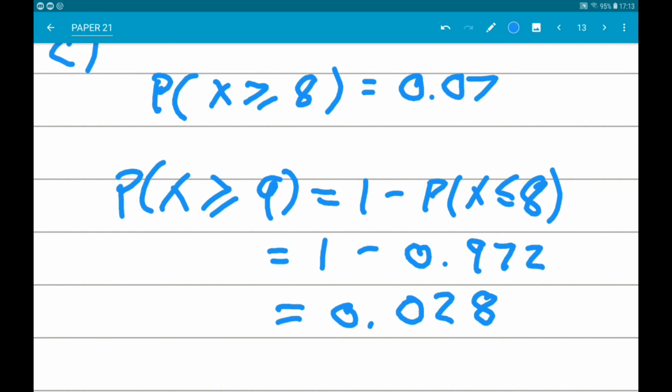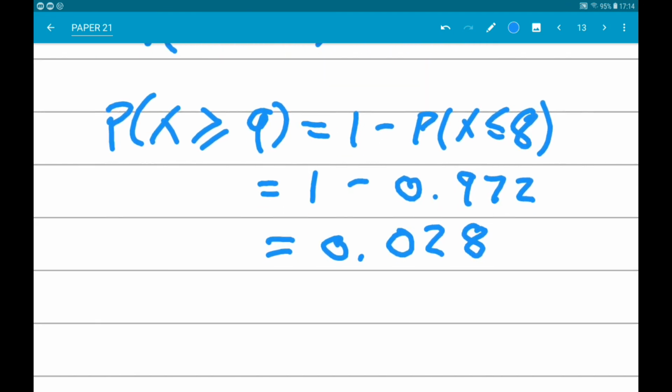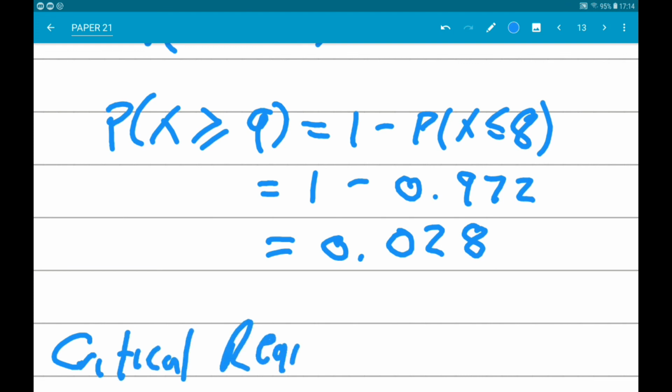So, that means under the null hypothesis, it's only 2.8% likely 9 or more of 30 would have bought chocolate. So if 9 or more had bought chocolate, then we would accept H1. So the critical region is x greater than or equal to 9.